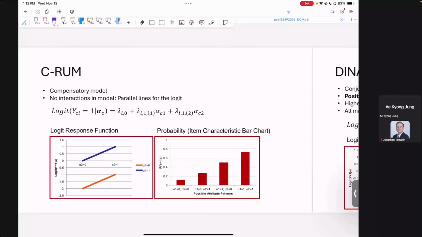In this serum model, we do not assume an interaction. If you see the equation here, there is a main effect, but there is no interaction term. As you can see in the logit line here, there is no interaction because the lines are not crossing each other and are parallel.